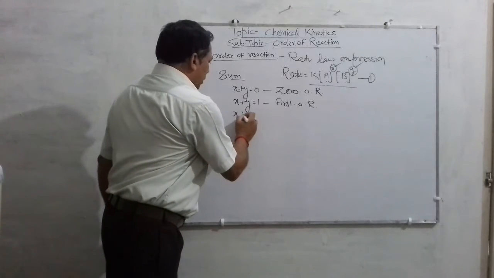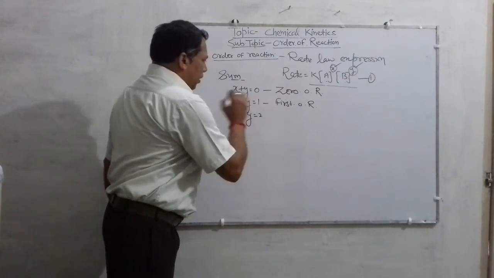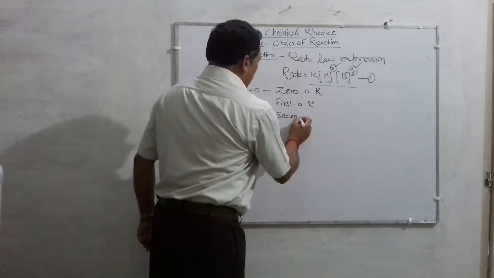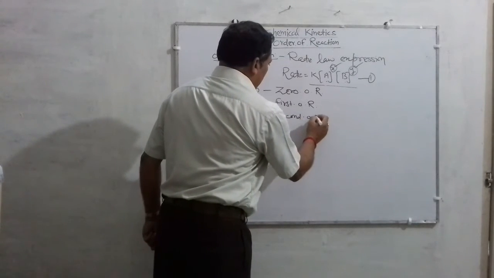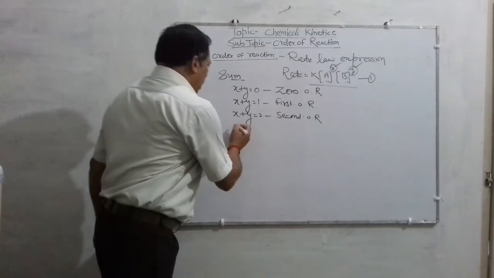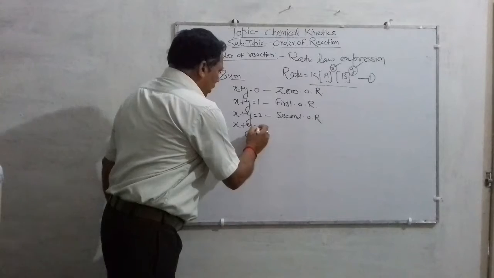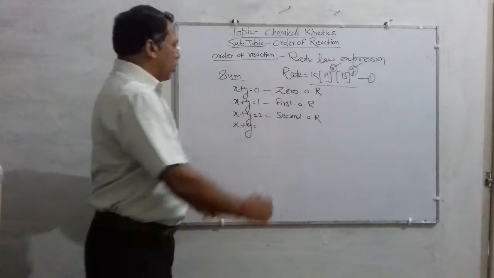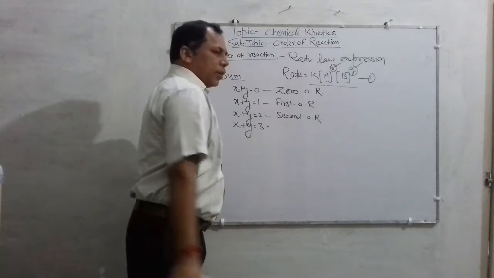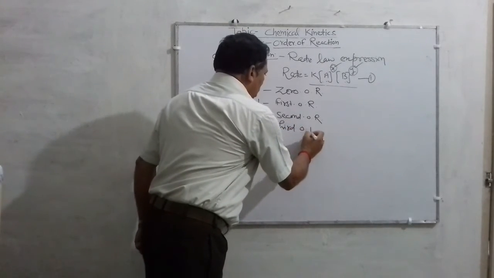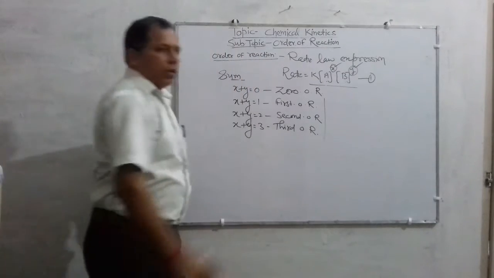Similarly, if the sum x plus y is 2, it is termed second order reaction. And in the same way, if the sum of these two exponents is equal to 3, then it is called third order reaction.